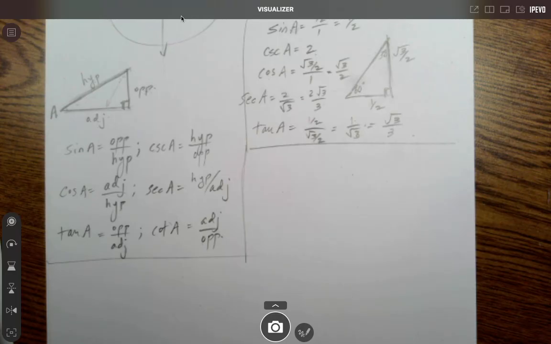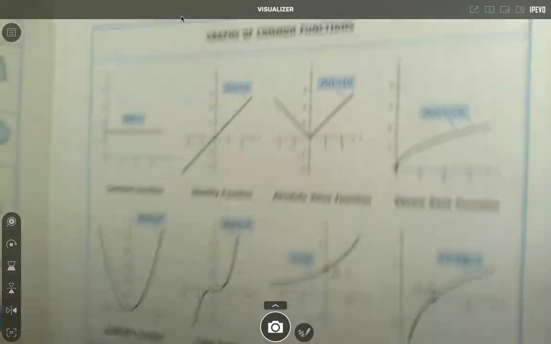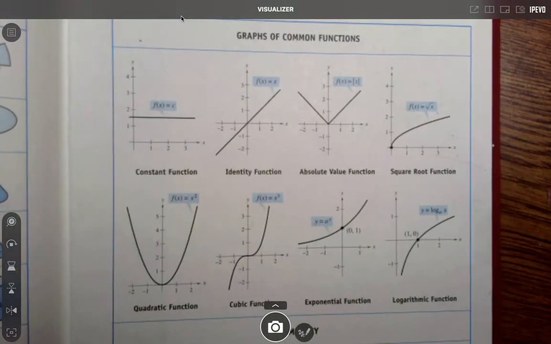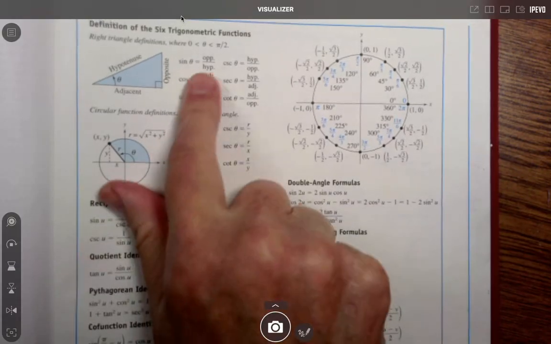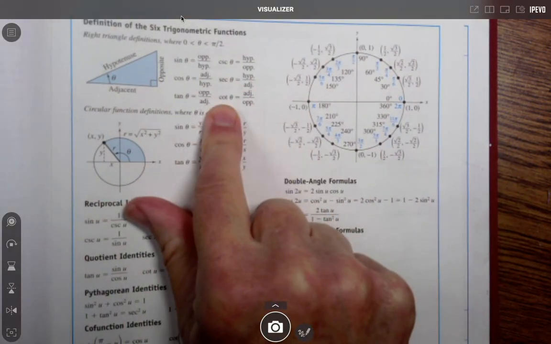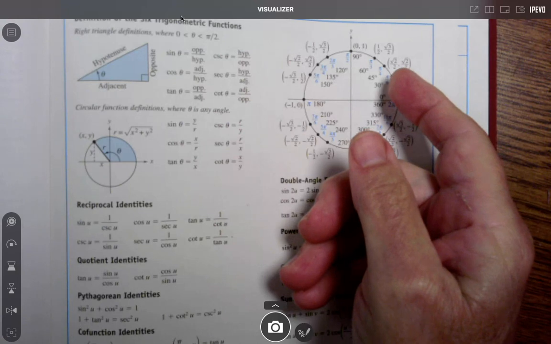I don't see one, unfortunately. But there is all this in the back of your book. So if you flip to the very back of the book, this is the page I'm referring to. You see all these formulas right here. So it's all there for you.